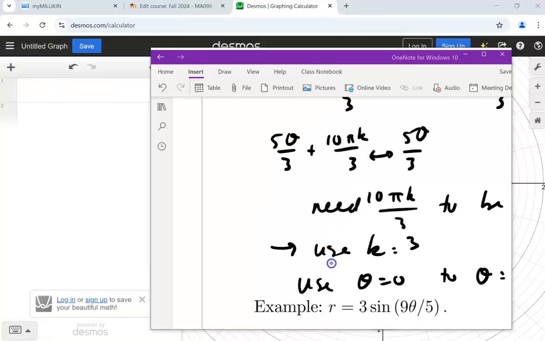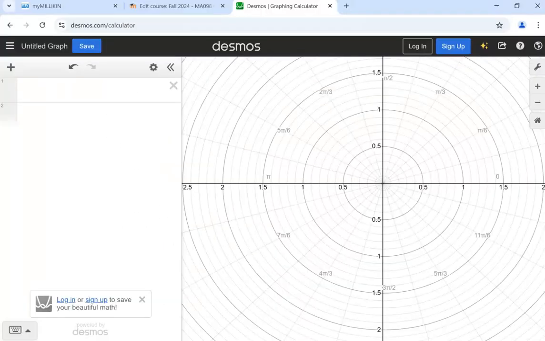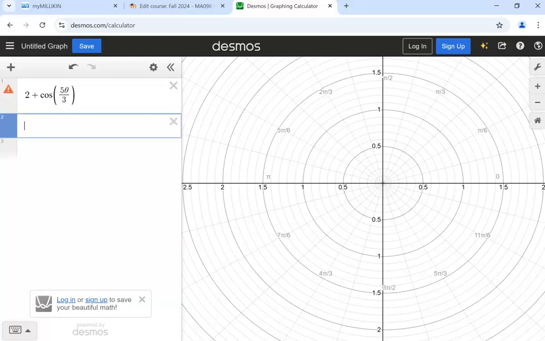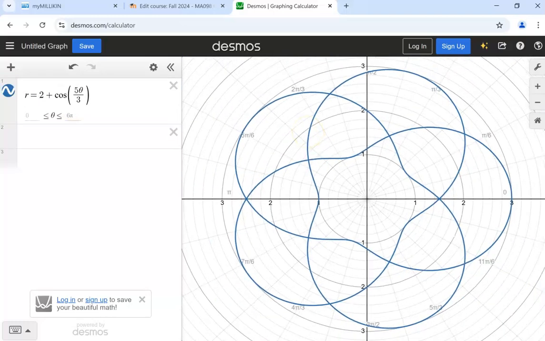R equals 2 plus cosine of 5 theta over 3. And notice that, if you can see it up there, Desmos automatically selected 0 to 6 pi.